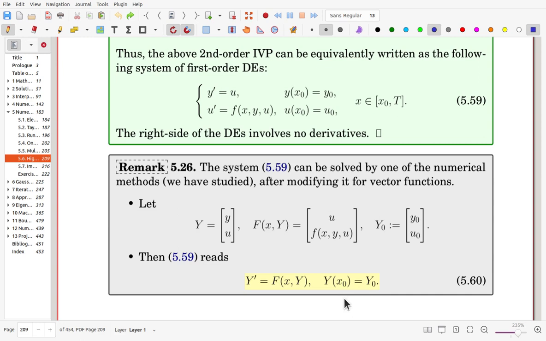So it looks like the single equation, but this is a vector equation, and after modifying the numerical algorithm for vector equations, vector functions, we can use the algorithm for solving this problem.